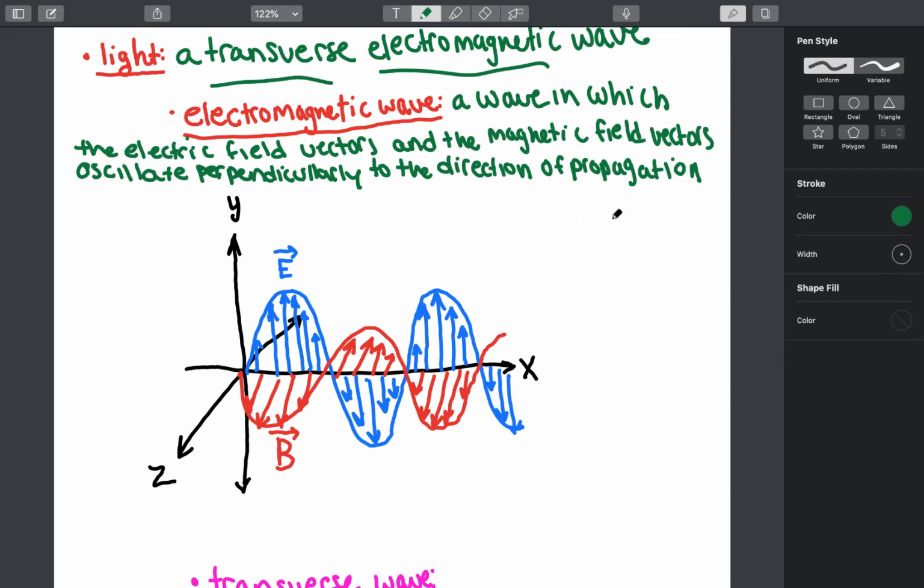Well, if you think about it, we have positive charges and negative charges. Now, positive charges are defined to have an electric field that points outward. So what does this mean? Well, classically, current used to be thought of as moving positive charges.